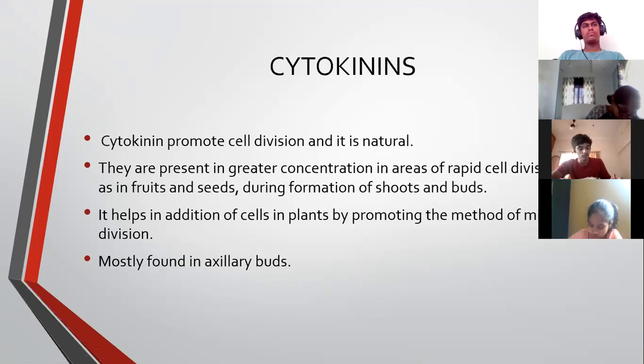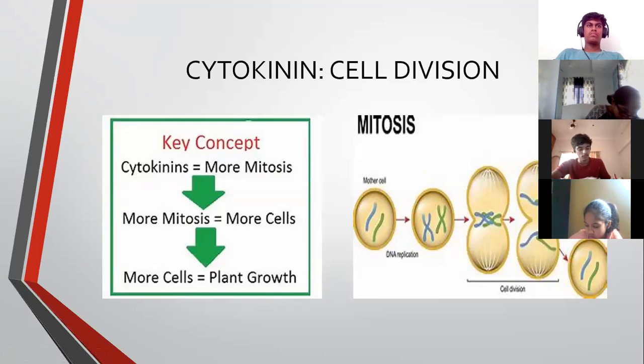Now, this cytokinin is directly proportional to the development of the new cells. If you see, the more the cytokinin, the more will be the process of mitosis. The more the mitosis, the more cells will be formed. And more cells formed will result in plant growth.